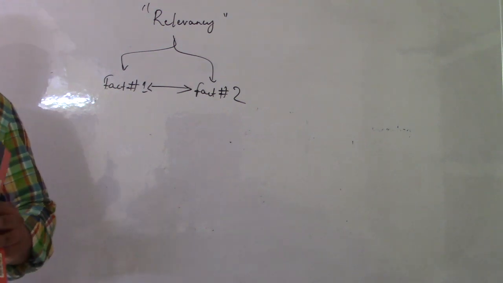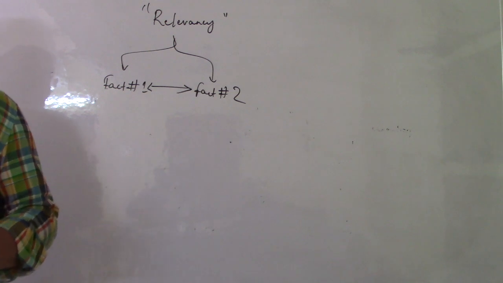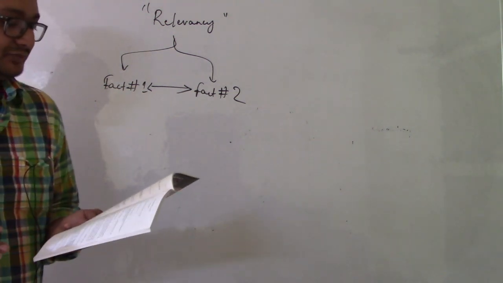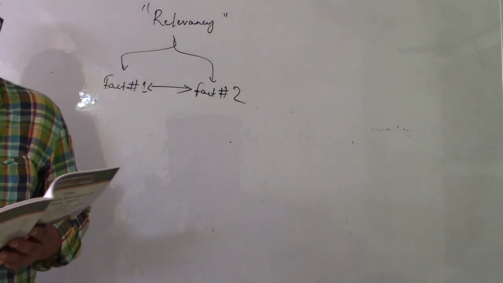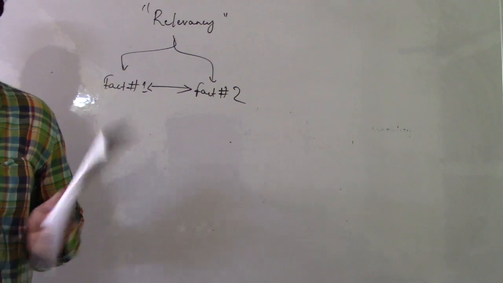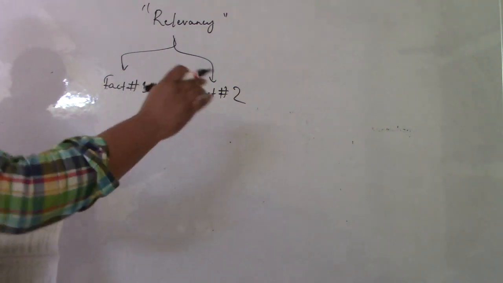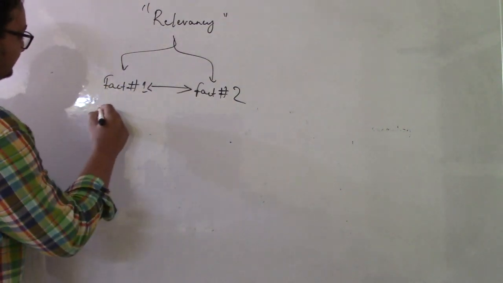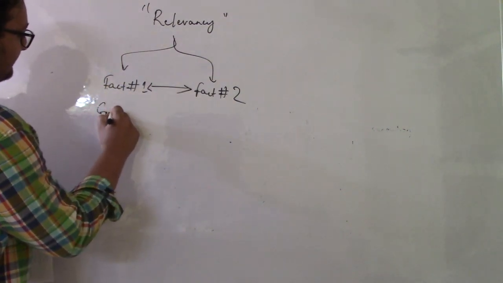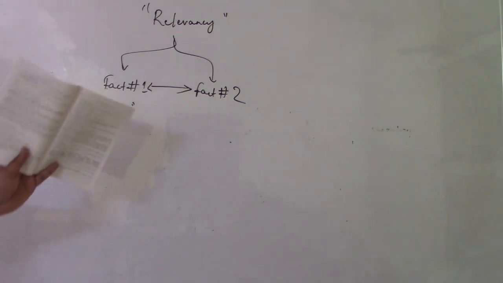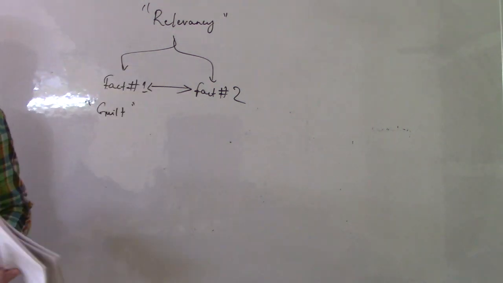Okay? Now, when we are talking about relevancy of facts over here, what is mentioned? One fact is said to be relevant to another when one is connected with the other in any of the ways referred to in the provisions of this Act. Now let us say the fact number 1 that we are trying to establish over here is the guilt, which we'll slowly know is nothing else but the fact in issue.